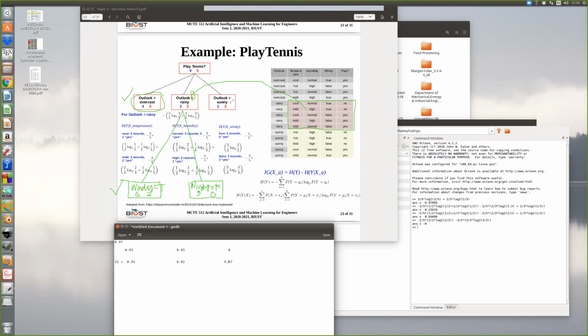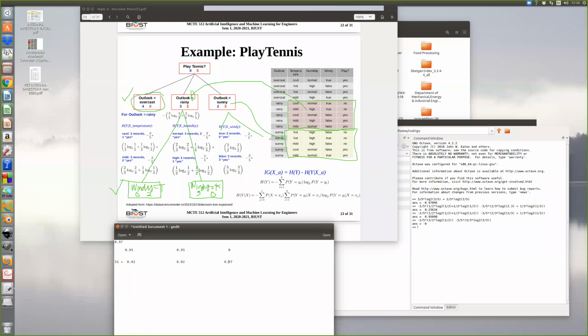So now for this node, you can do on your own and compute this table, and see which one will be the next layer. If the next layer is again windy, I don't know whether it will be windy again or humidity. So in this case, humidity high or normal.